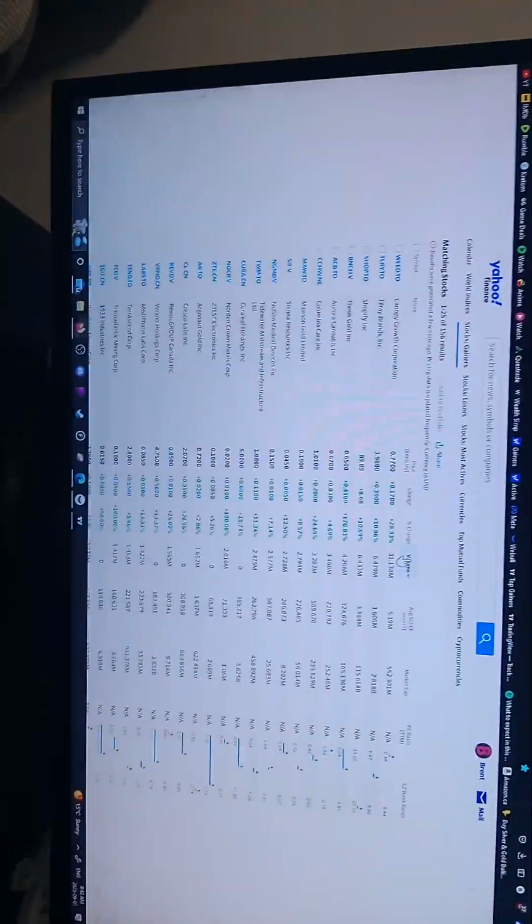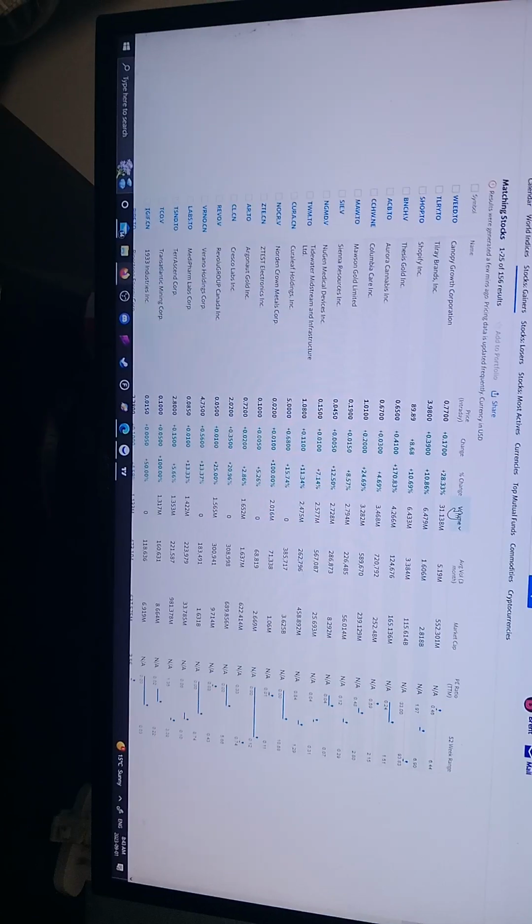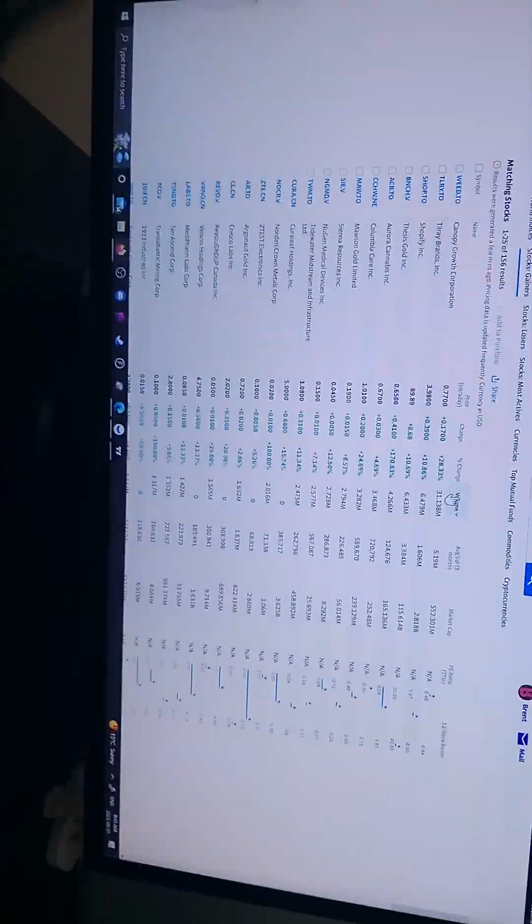So that's actually the stock that I bought yesterday morning, was the weed stock, because I think it was the United States government, they basically reduced regulations on the whole cannabis industry. So you saw a massive boom. That Tilray, the second one, I also bought a little bit of that stock yesterday.